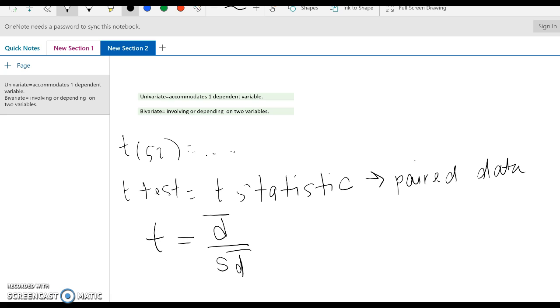Now, what does that mean? d-bar is the mean of the differences. And SD is the standard error of the differences.